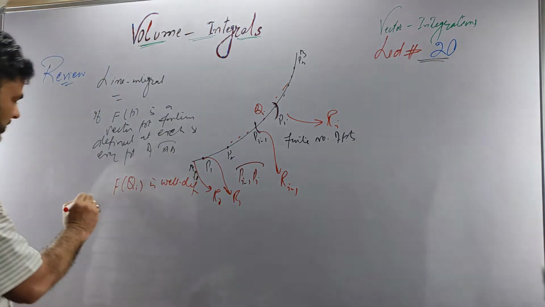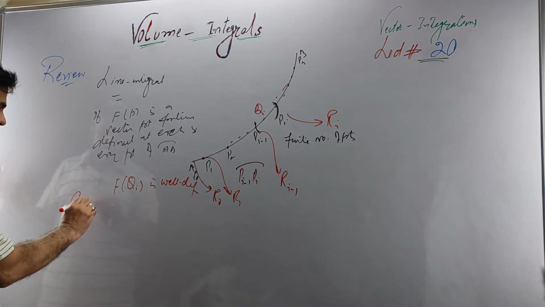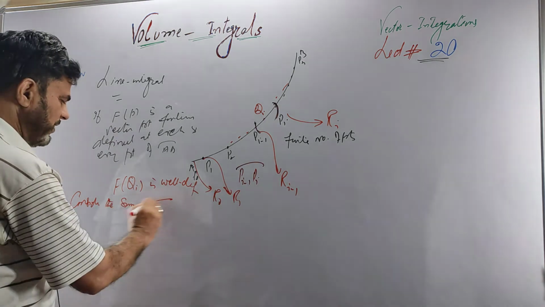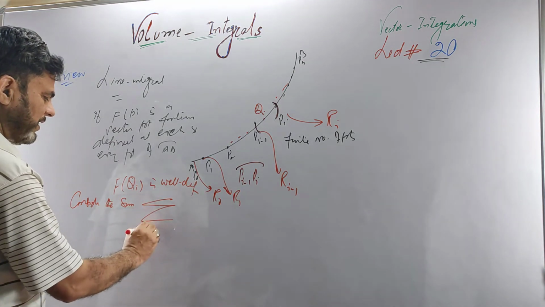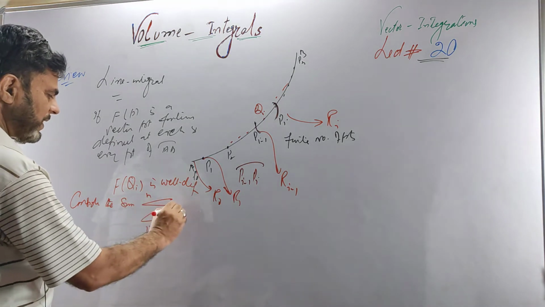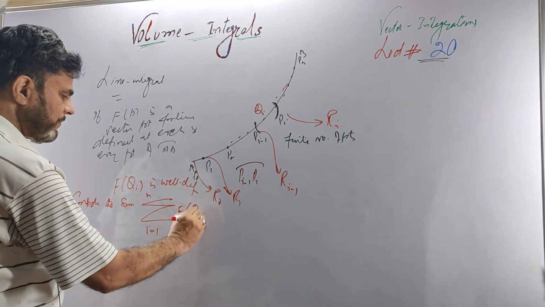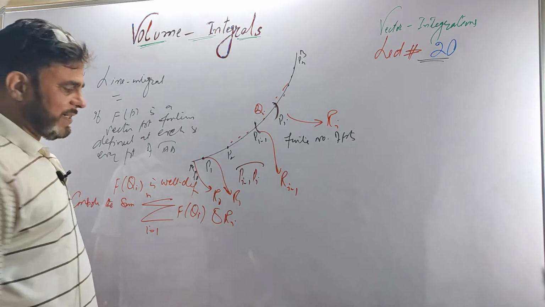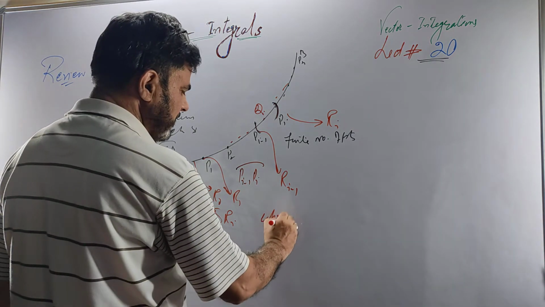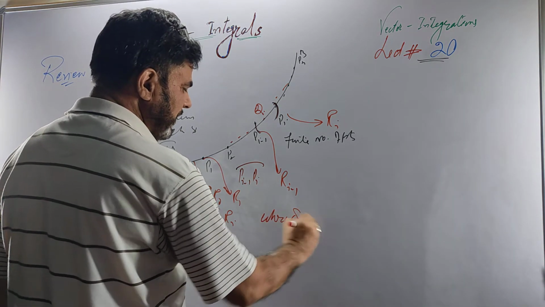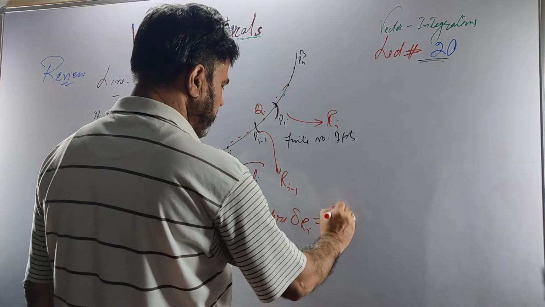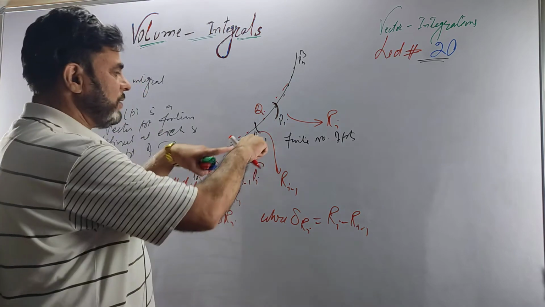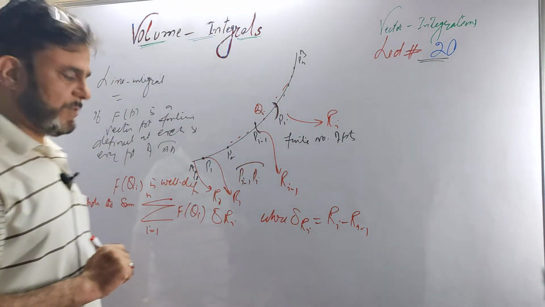Then we consider the sum, that is summation of i running from 1 to n of f of qi dot delta ri. What is your delta ri? Where delta ri is ri minus r(i-1), position vector of this point minus position vector of this point.